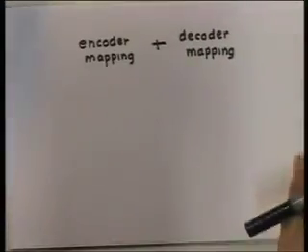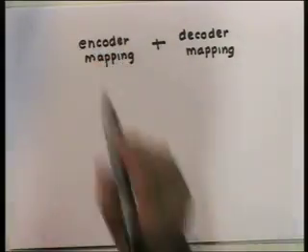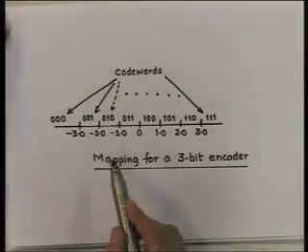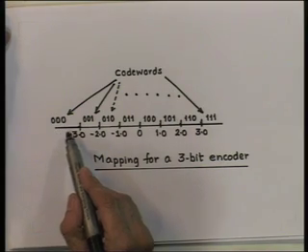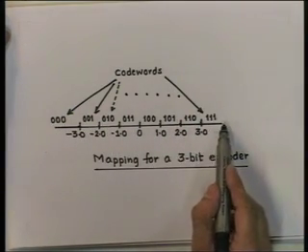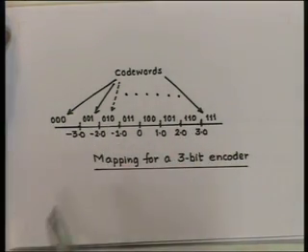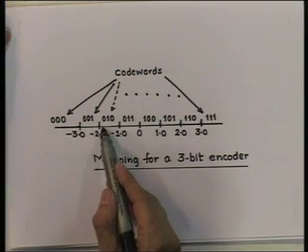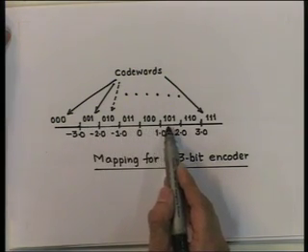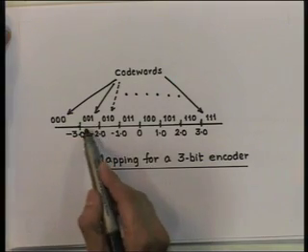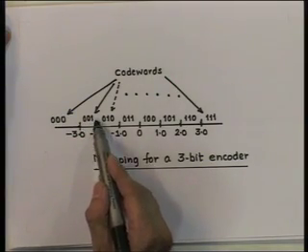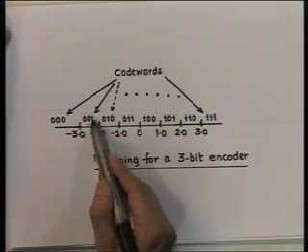The task of an encoder is to divide the range of values that the source generates into a number of intervals. Each interval is represented by a distinct code word.